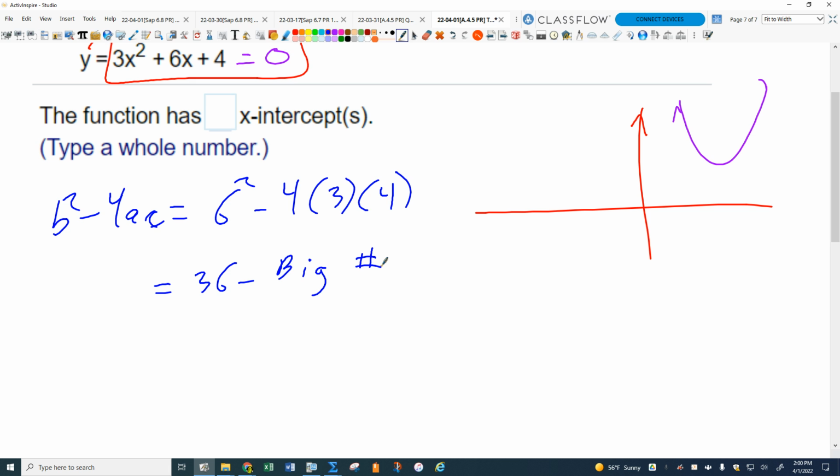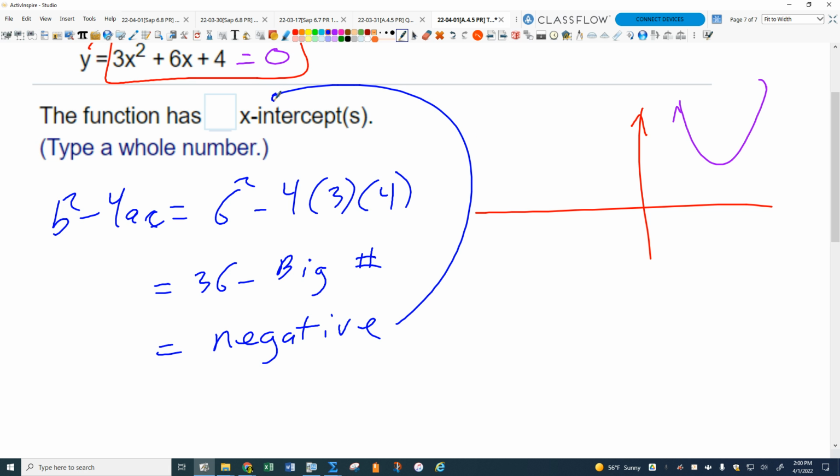See what I'm saying? 48 is bigger than 36, isn't it? Right? So is it going to be positive or negative? It's going to be negative, right? I don't even care what it is. I just know that it's negative. So what's that telling me? How many x-intercepts am I going to have? If the discriminant is negative, I'm going to have 0.